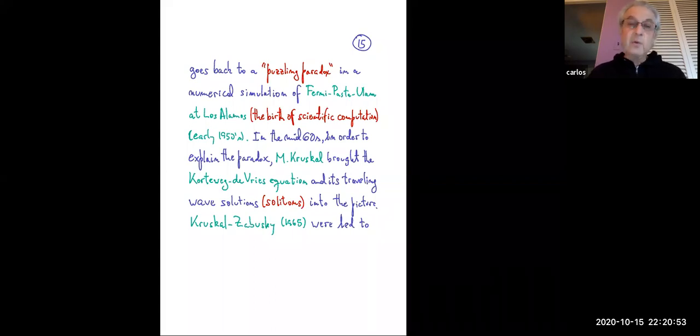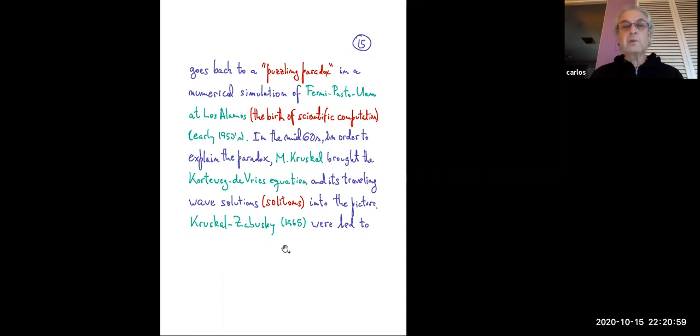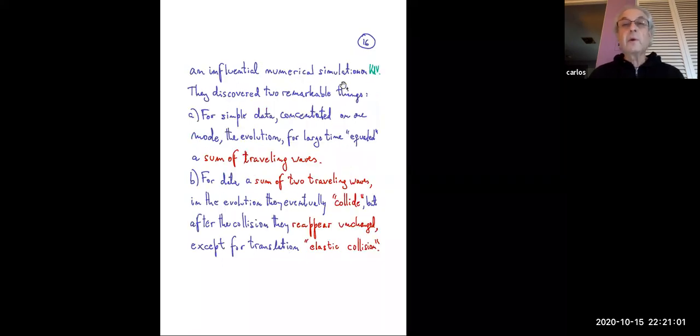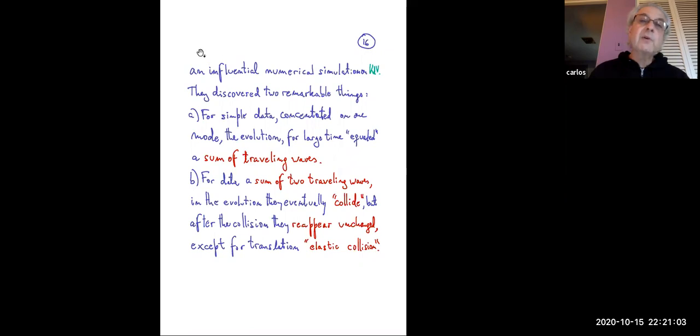And this led to another numerical simulation by Kruskal and Zabusky, which was very influential. This simulation was on the Korteweg-de Vries equation.